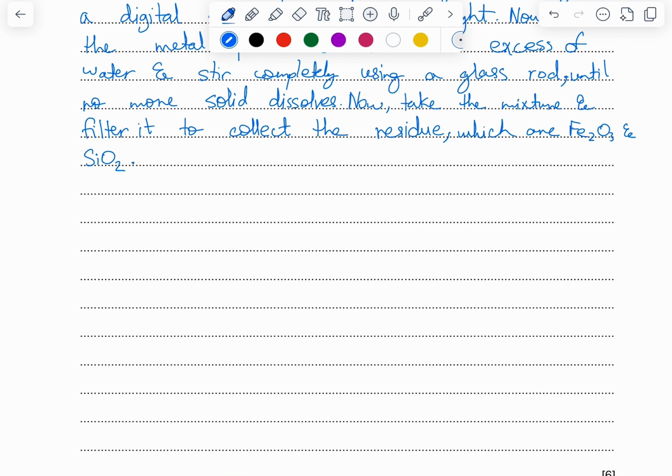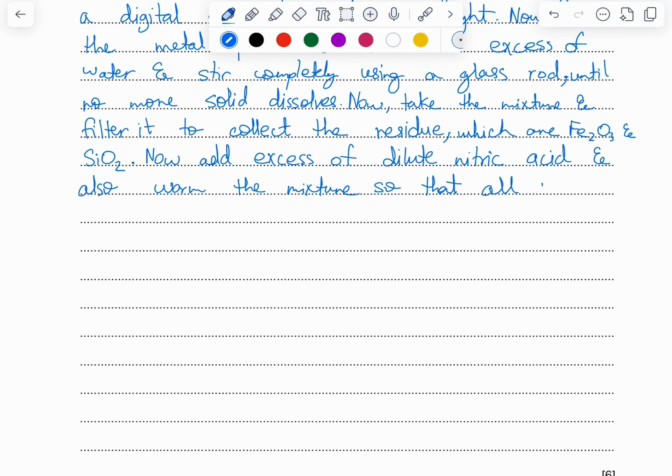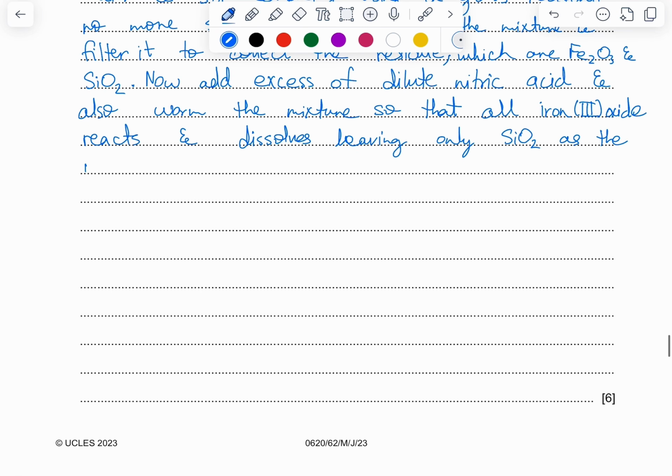So we are going to say, okay, now add excess of dilute nitric acid and also warm the mixture so that all iron 3 oxide reacts and dissolves, leaving only SiO2 as the insoluble solid.